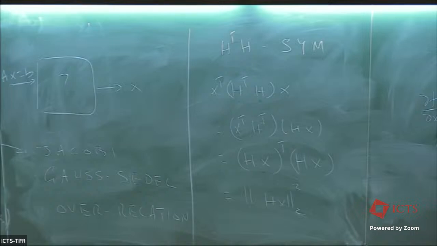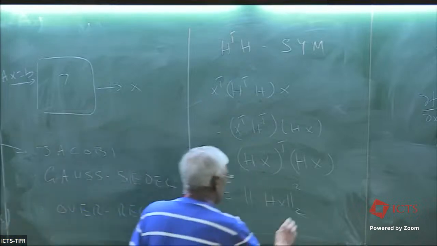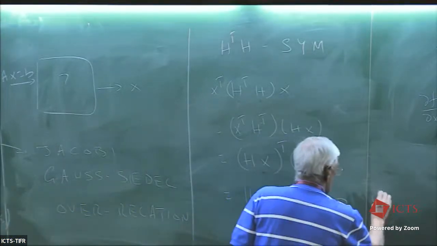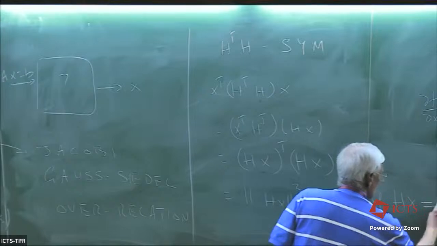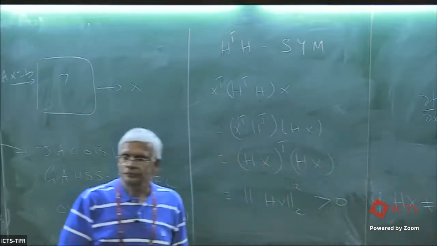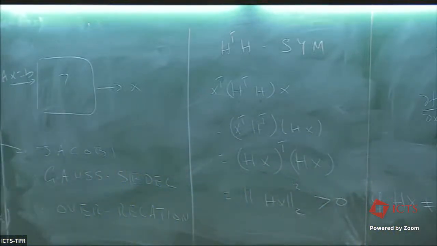Norm is zero only when the vector is zero. You remember that? The definition of a norm we saw last class. So this will always be greater than 0 if H of X is not 0. All of you with me?